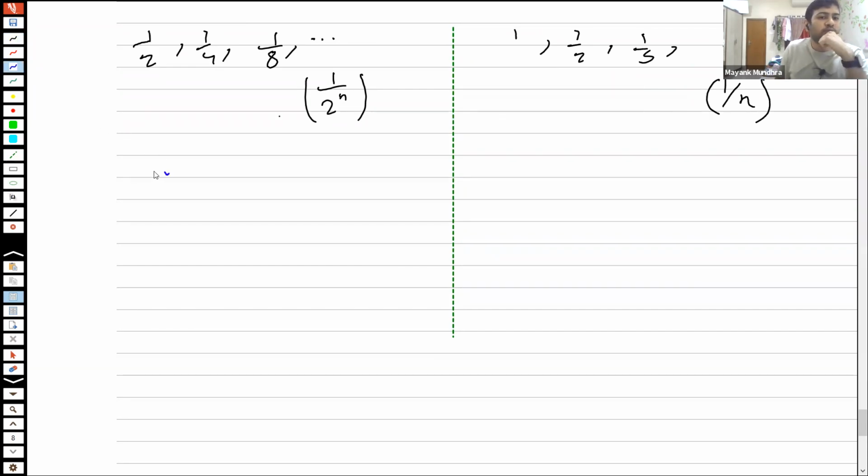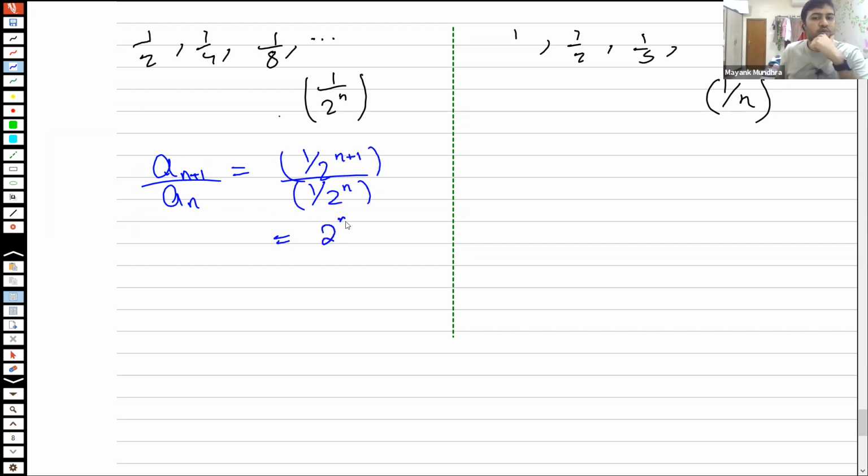So I have to find the limit of a(n+1) upon a(n). The (n+1)th term is 1 by 2 to power n+1, the nth term is 1 by 2 to power n. So this is going to be equal to 2 to power n upon 2 to power n+1, that is 1 by 2. So this is less than 1.